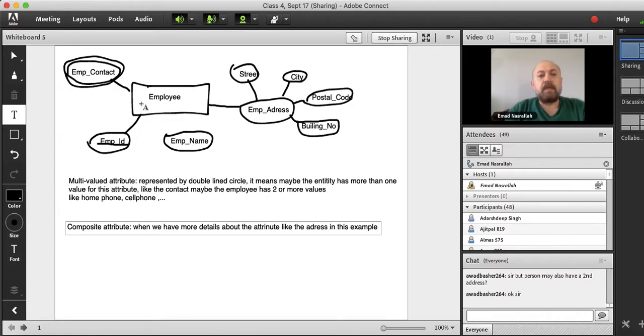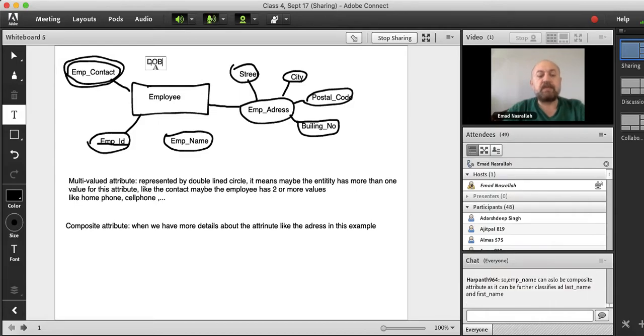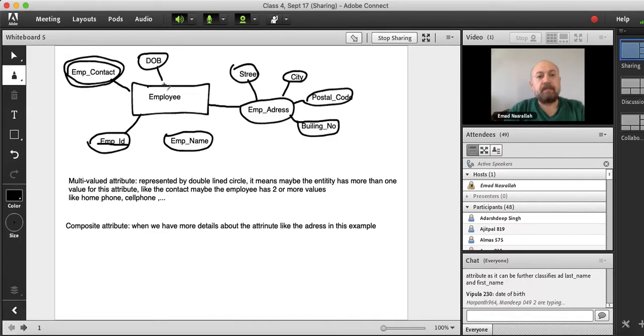Now I will put another attribute, DOB, which means date of birth. And age.